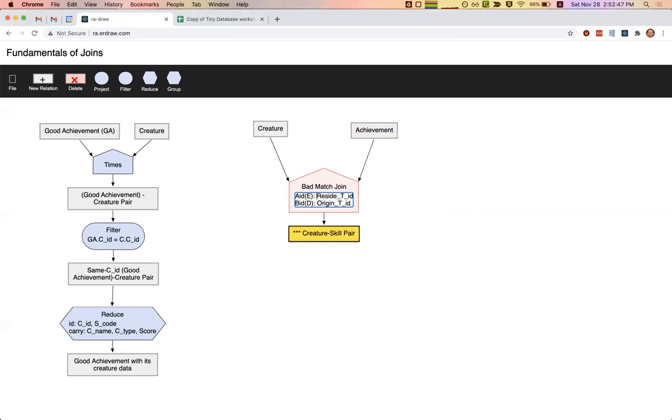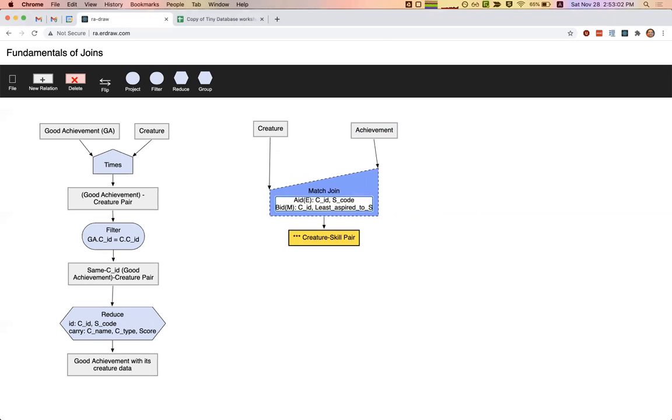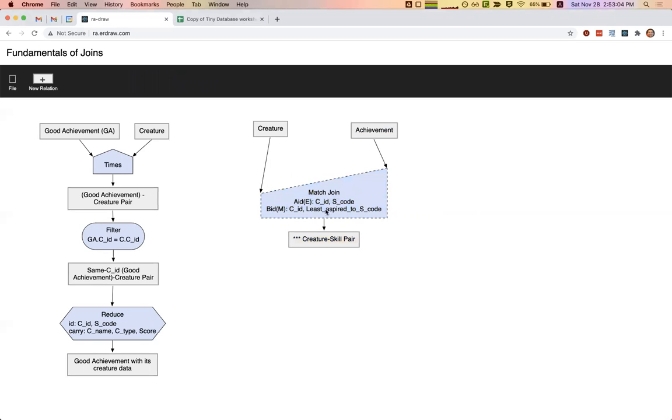So we're going to use exactly this, and this is going to be CID and S code. And we're going to use more than the identifier of creature. We're going to use CID and the least aspired to S code. So we're using exactly the identifier here, we're using more here.